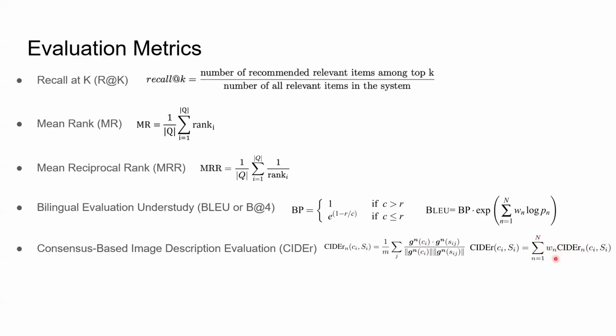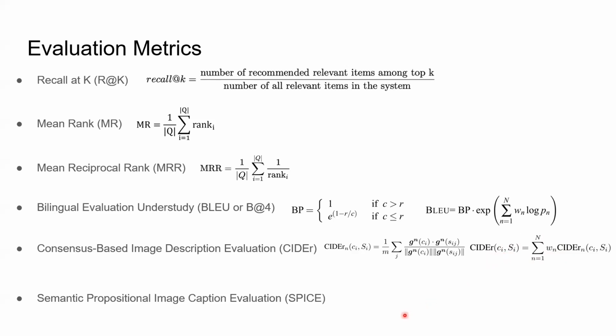So you can think of it as you have all these different CIDEr n scores you're going to be calculating for each of the different captions, and then you're going to get the sum of all those together. This is why it's called consensus-based, because you're getting a CIDEr n value for each of these different values of n for the n-gram calculations. This is generally viewed as a sort of evolution of BLEU.